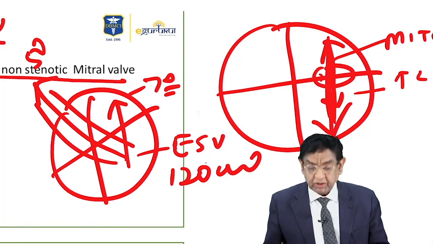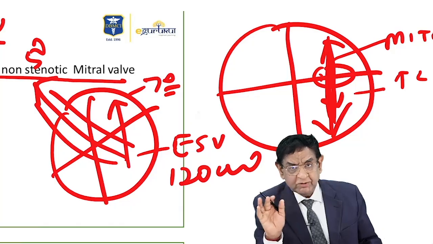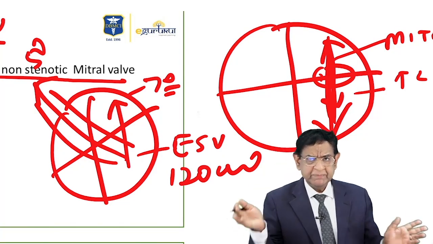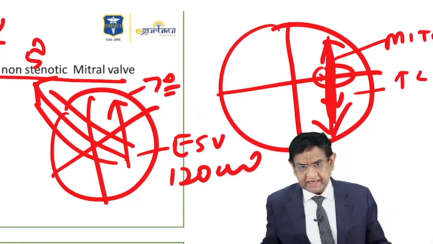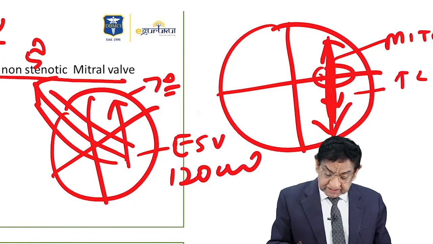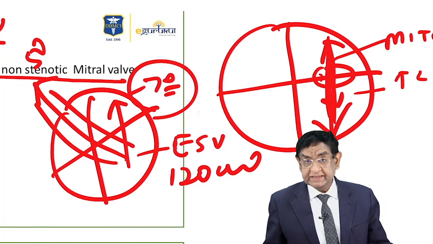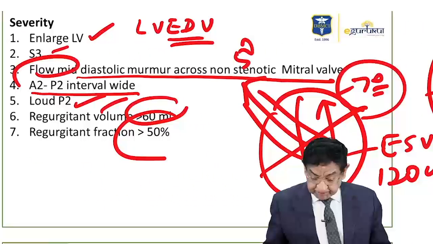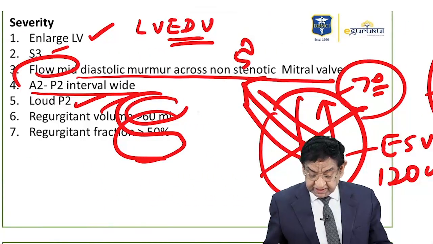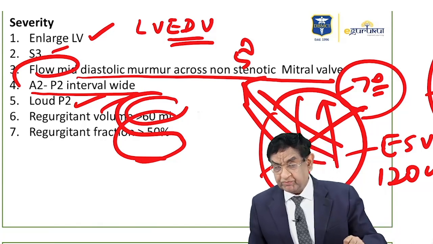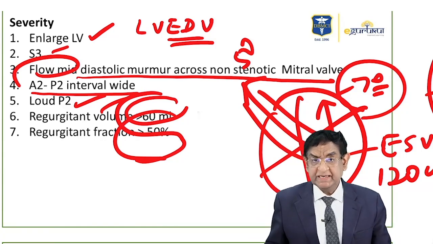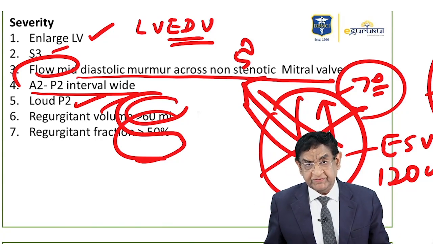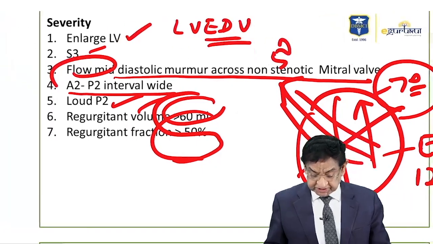Although not 120 ml goes out, only 80 ml goes out, 40 remain in store, but just for easy understanding, say 50 has gone, 70 has gone. That means the regurgitant fraction is more than 50% and the regurgitant volume is more than 60 ml. They all indicate severe mitral regurgitation.